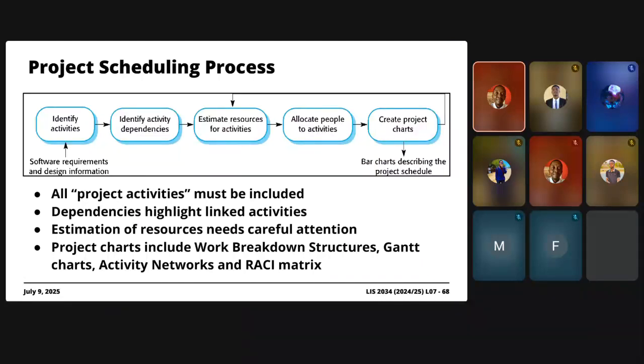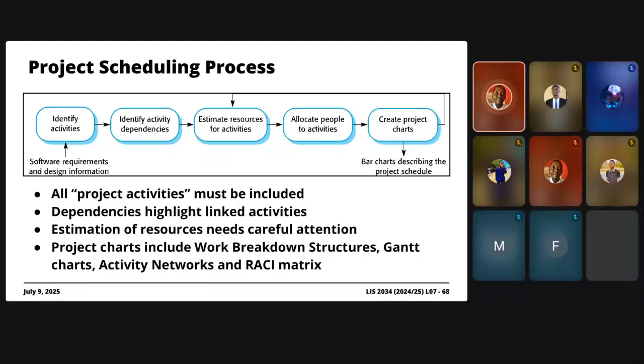Now, just a thing about the so-called scheduling process, what you have to do if your interest is just to attend this class so that you're able to generate a Gantt chart or a timeline for a project, it turns out that the process is simple, right? You start off by identifying the activities associated with your project. Now, these activities will come from the decomposition process.